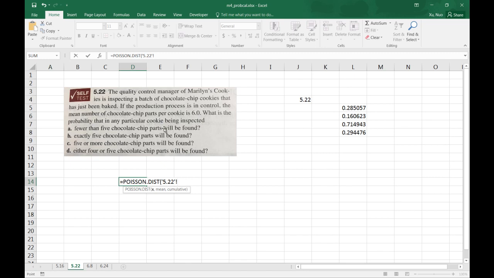Maybe 40, maybe 100, depending on how big a cookie is and how small a chip is. So therefore, this is no longer a binomial distribution. In fact, this is called a Poisson distribution, controlled only by this one parameter, which is the mean number of that variable.